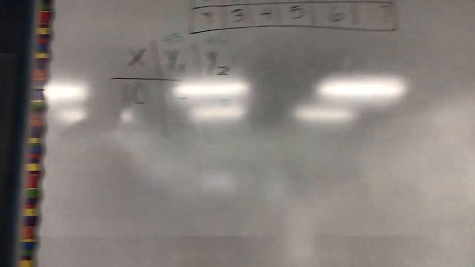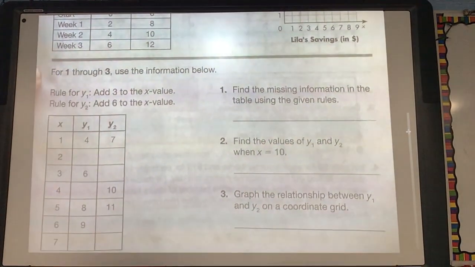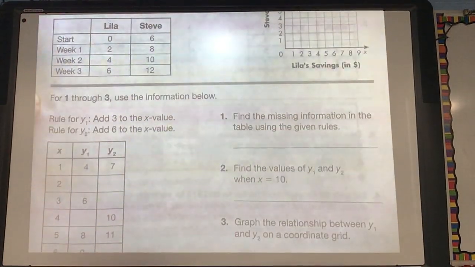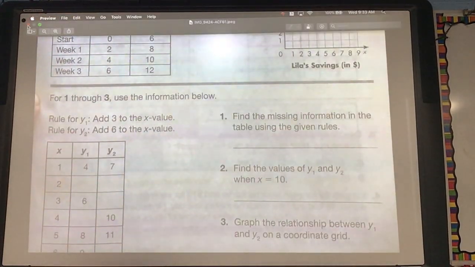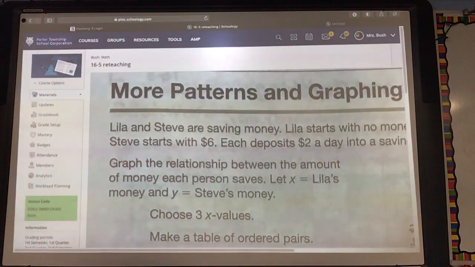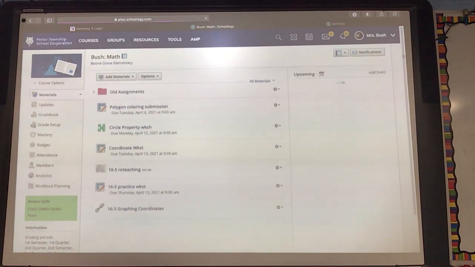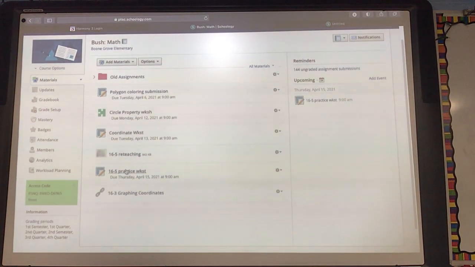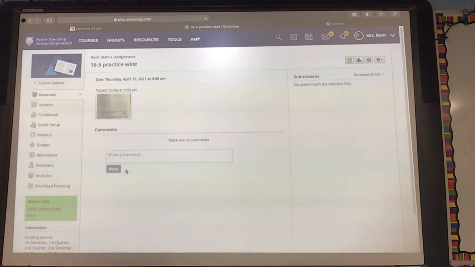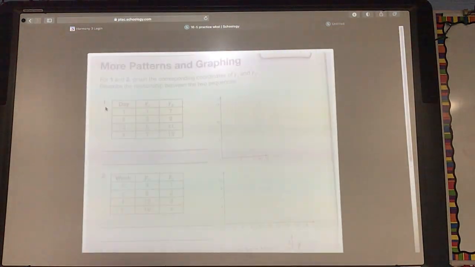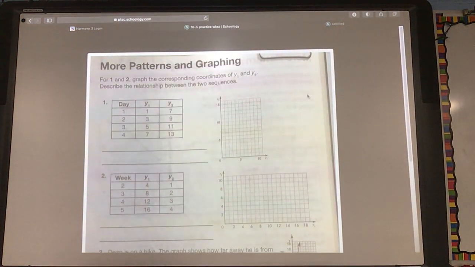All right. Going back to Schoology. You have a 16-5 practice worksheet. This is the one that is going to be your homework, and I actually want to pull it up and look at it with you guys.